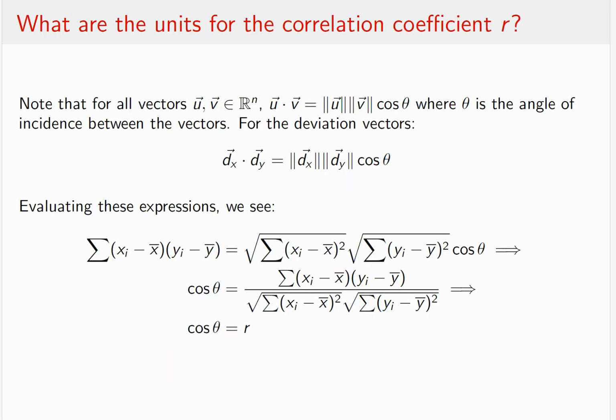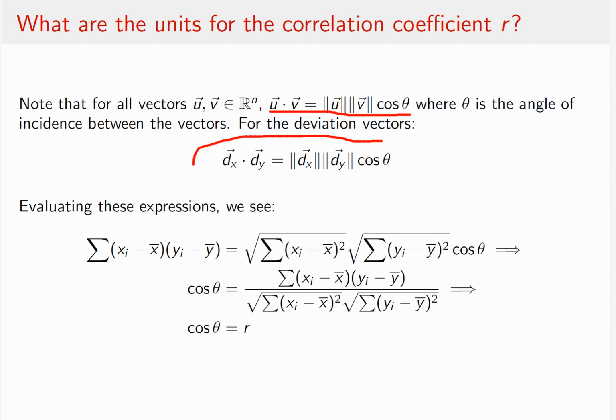but it turns out that the correlation coefficient is a cosine. All right, why? Well, where theta is the angle of incidence between the vectors. Okay, so we're jumping back right to a Calc 3 physics formula that a lot of people learned, that U dot V, again, thinking of the deviation vectors, right? But U dot V is equal to the magnitude of U times the magnitude of V times the cosine of the angle of incidence between them.